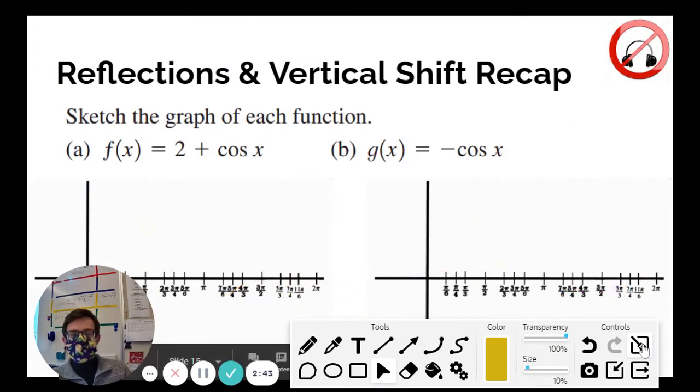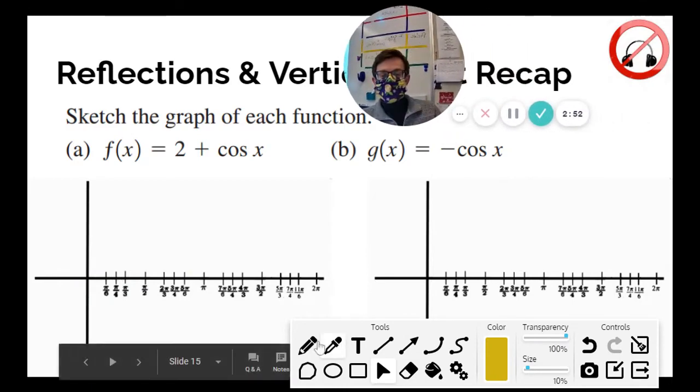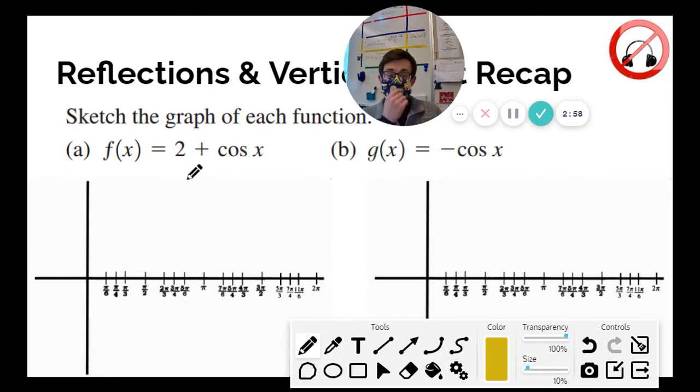The last thing I want to talk through here are vertical shifts and reflections. Let's move me over here. So the way we go about graphing vertical shifts and reflections is the same way as we did those amplitude and period changes. We start by graphing just the regular function. So we'll start by just graphing cosine.